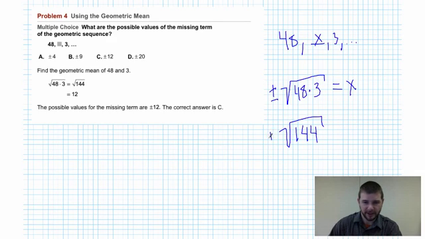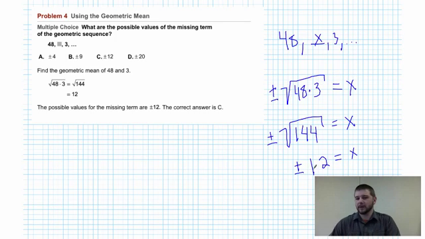The square root of which, positive or minus, will equal our value for x. Turns out 144 is a perfect square. The square root of 144 is 12. Therefore, positive 12, but also negative 12 are options for our second term, meaning C is the correct answer.